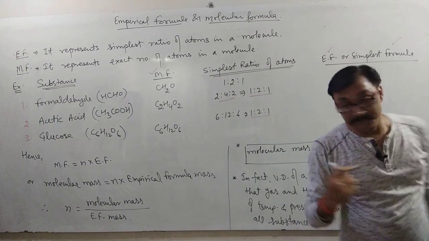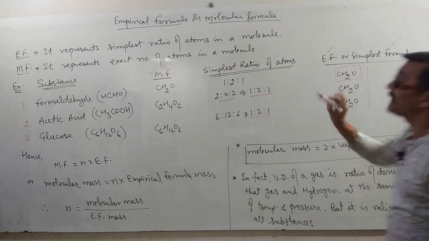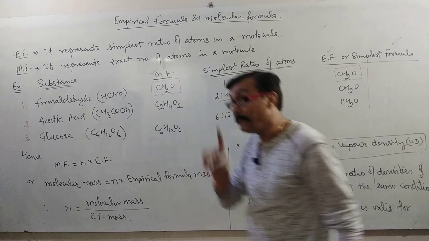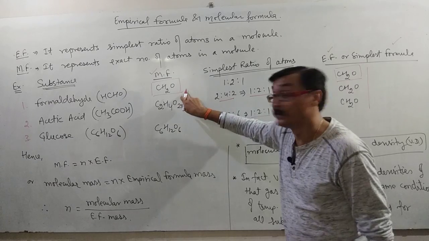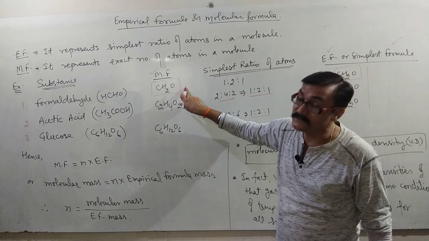You can observe that the empirical formula as well as the molecular formula of a substance may be similar if the simplest ratio is also the exact number of atoms in a molecule.